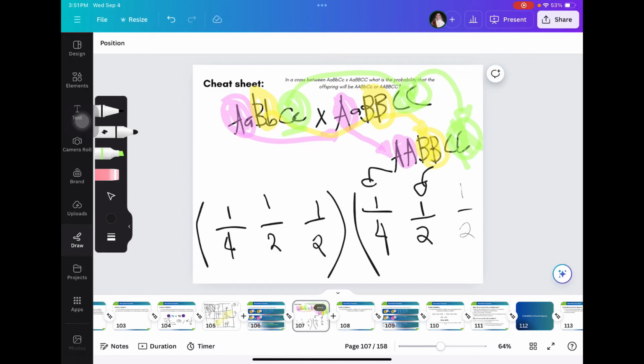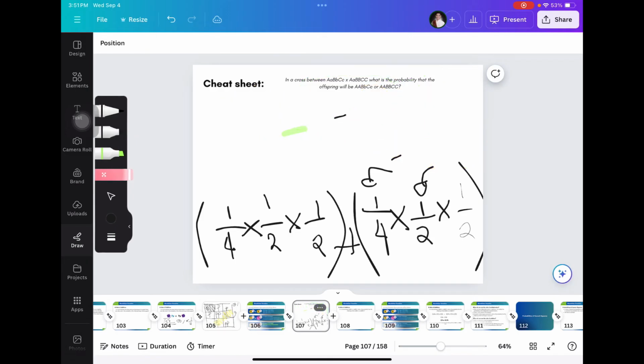1/2. Now, you add these two possibilities, but before you add them, you have to multiply each number in the parentheses. So let me just erase this one for more space and rewrite them.